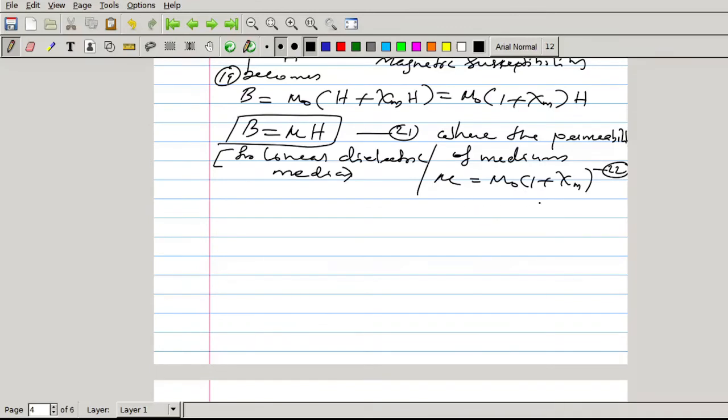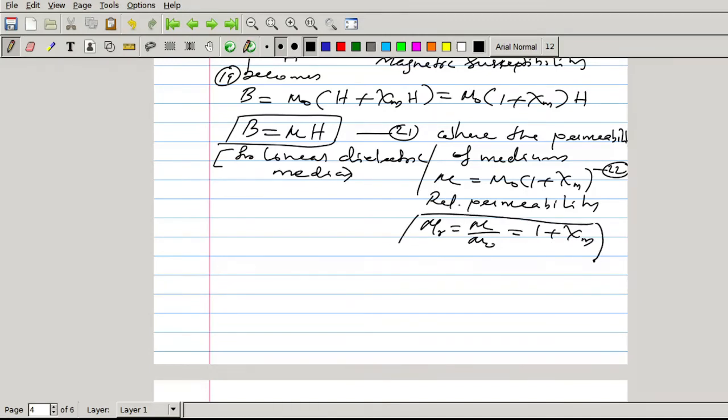The permeability of the medium is mu equal to mu 0 into 1 plus chi m, or the relative permeability mu r equal to mu by mu 0, the ratio of the permeability of the medium to the permeability of free space, which is equal to 1 plus chi m.